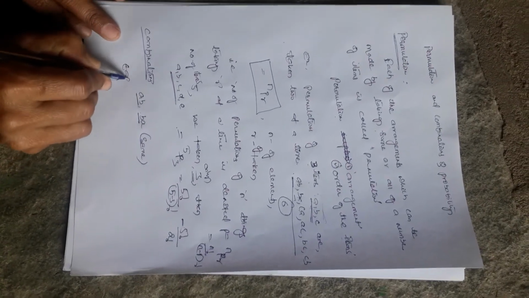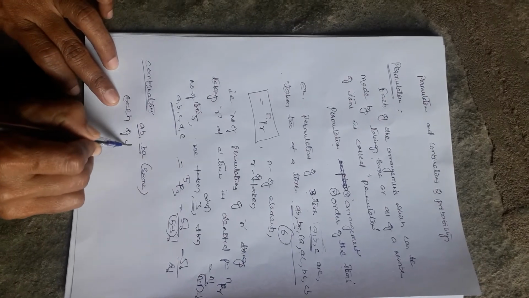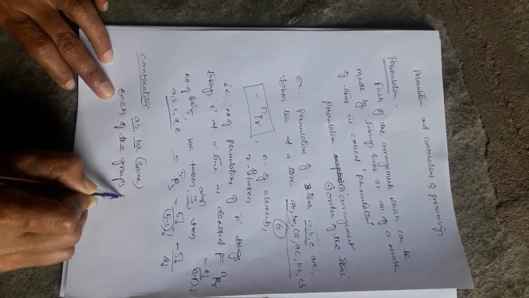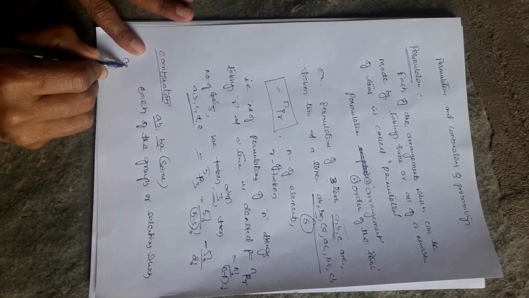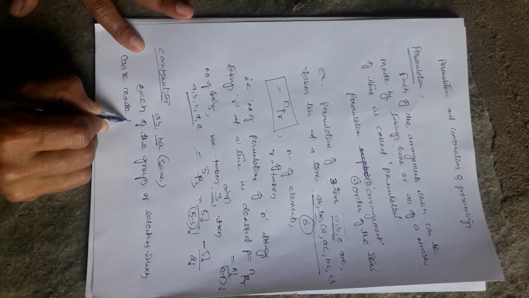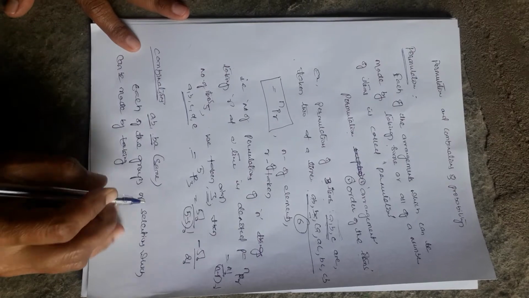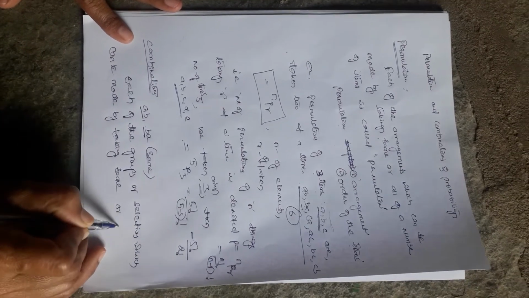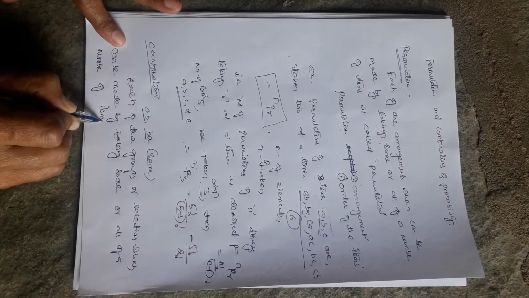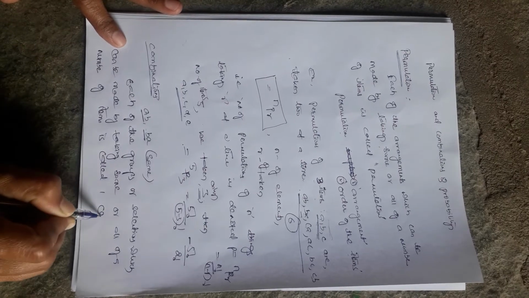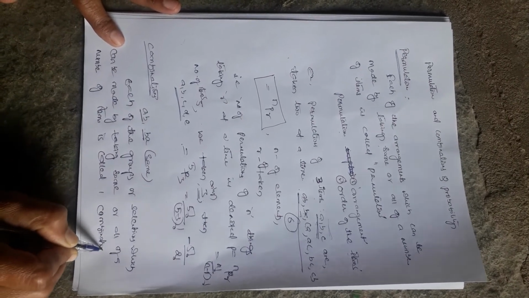That means the definition of combinations is: each of the groups or selections which can be made by taking some or all of a number of items is called a combination. This is what a combination is. In combination, the order in which the items are taken is not considered.